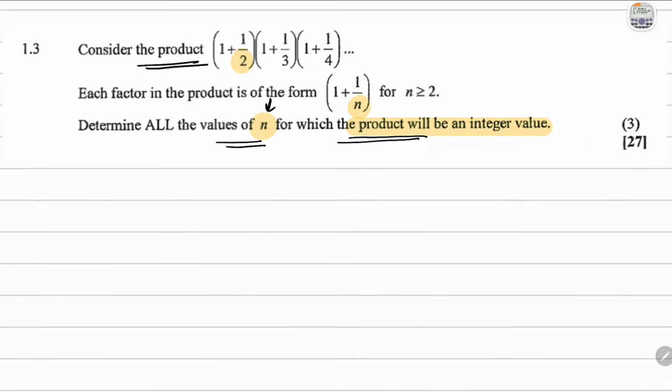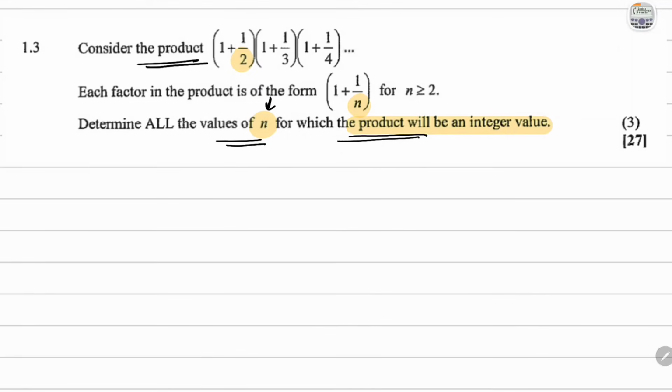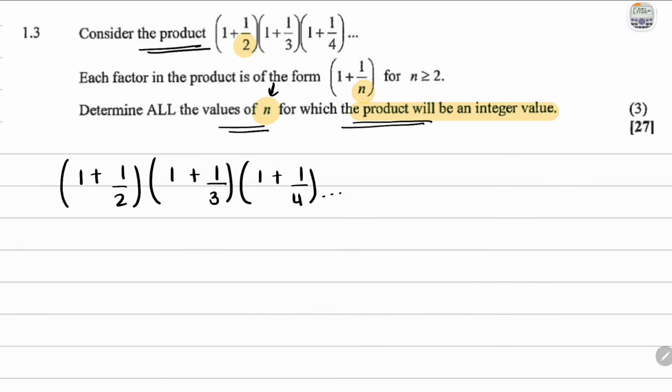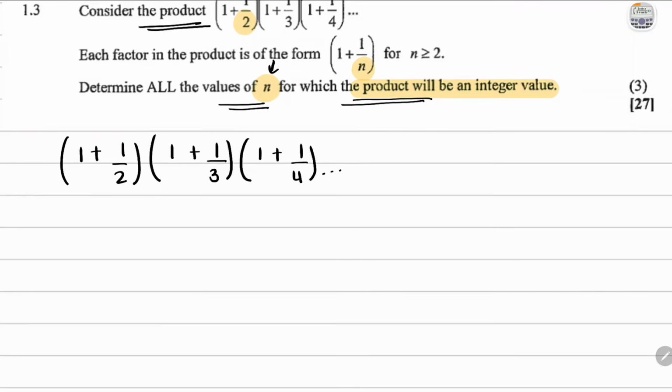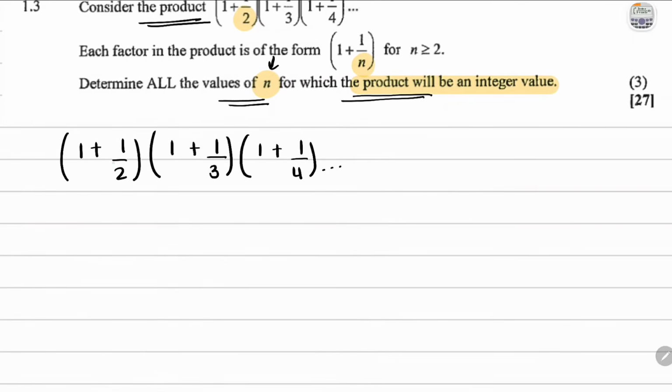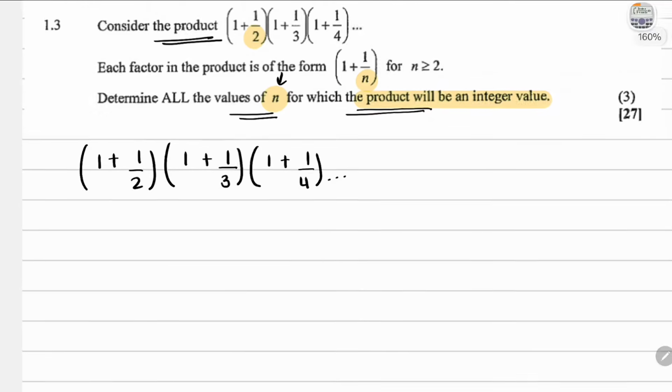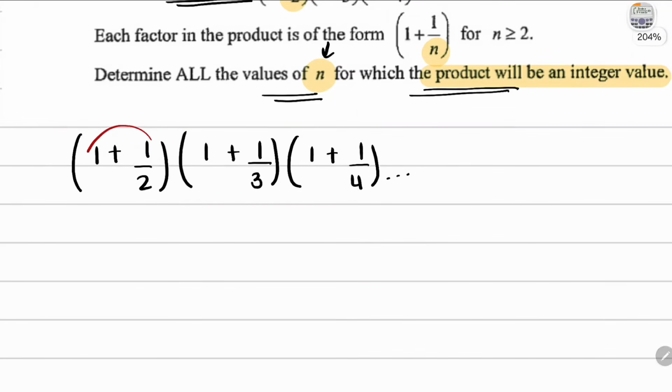Let me just rewrite what we have first. With the way this looks, to start multiplying it out like this is not going to be easy. So why don't we just find out what they would be if you added each of these factors individually.